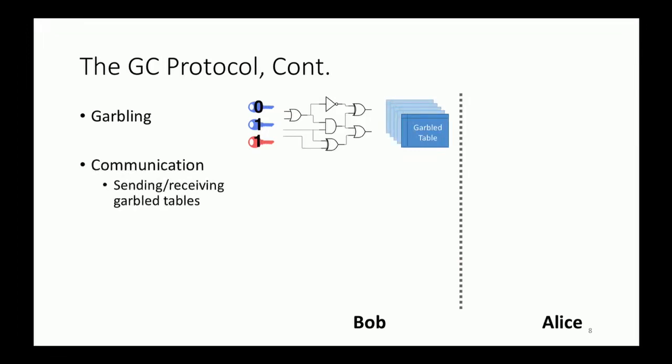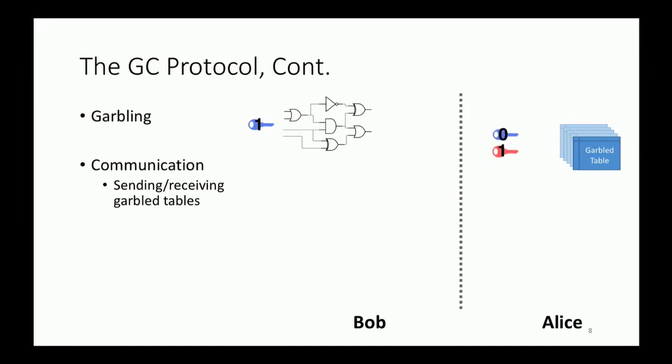In the second phase, Alice receives all garbled tables together with the keys corresponding to her input. And in the third phase, Alice starts decrypting each gate one by one until she reaches the true output result of the computation.